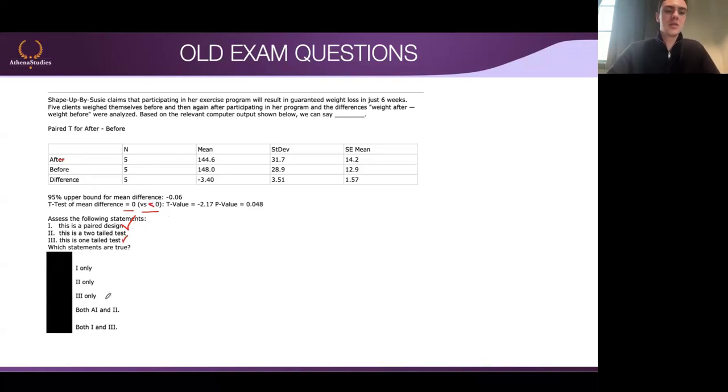So in that case, the correct answer is both 1 and 3, so answer E. If the alternative hypothesis, HA, had been that mu1 is different from mu2, then we would have said, indeed, 2 is also correct, and the final answer would have been both 1 and 2, so D. But in that case, we only want to know if it's higher or lower, so we want a one-sided test or one-tailed test.